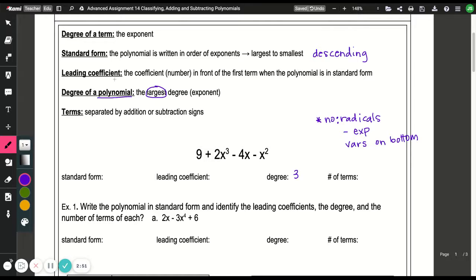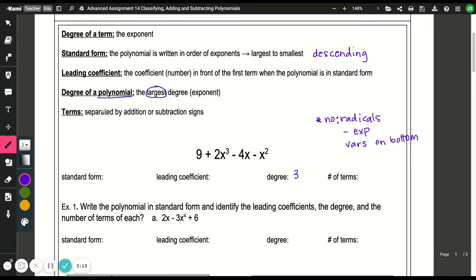Coefficient means a number in front of the term. So the leading coefficient means after you put it in order, what is the very first number. And when we talk about graphs, that very first number gives us a lot of information about it. When we talked about quadratics, it told you if it opened up or down, and it had to do with how tall or wide it was.